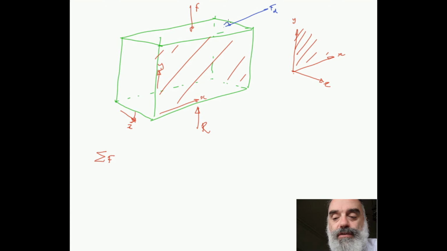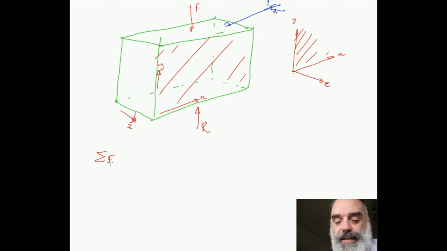Any force can be resolved into those 3 orthogonal axes in a 3-dimensional space. Okay, so we've got a 3-dimensional bench in a 3-dimensional world with a force coming on which can be resolved into those 3 dimensions, X, Y, and Z.